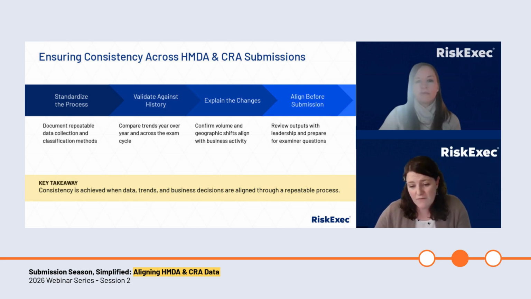Those changes should be visible and documented consistently across your HMDA and CRA data. If they aren't, that's a signal to pause and take a closer look at why those differences have occurred, and likely do that look prior to submitting your data.